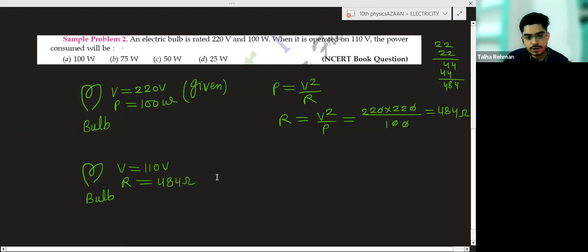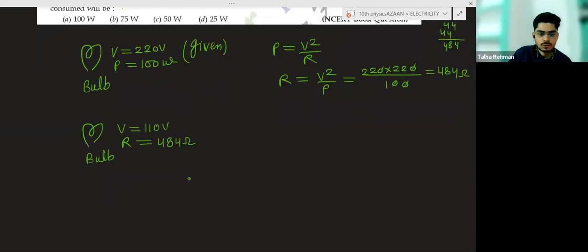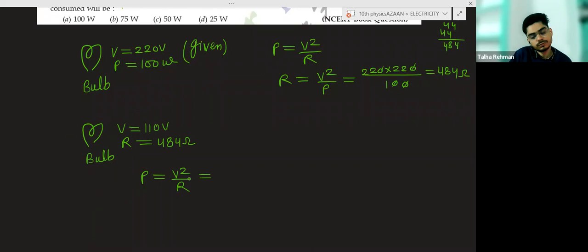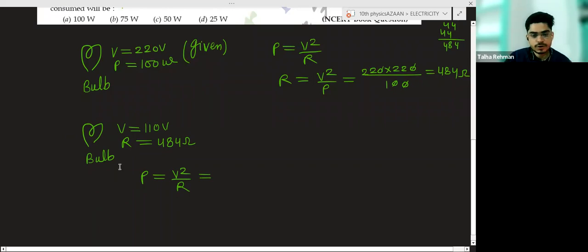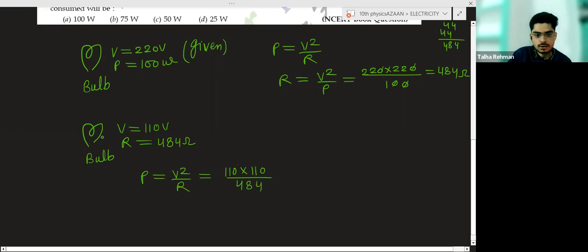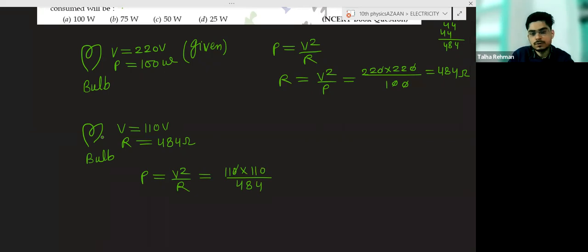Can you calculate the power now? P is equal to V square by R. So V square, what is the voltage you are giving to this bulb? 110. What is the resistance? 484.